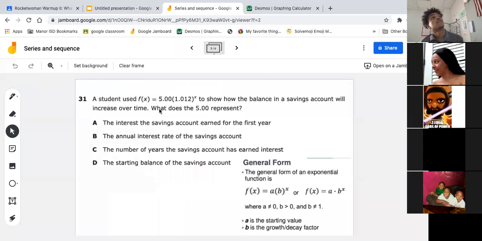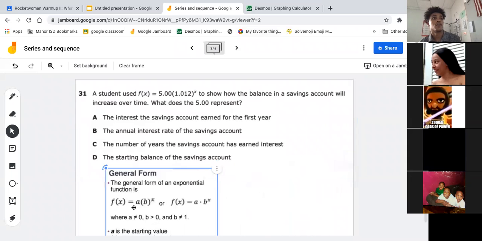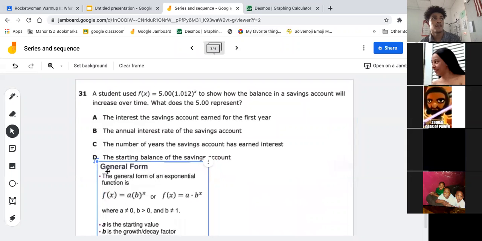All right, number 31. A student used f of x equals 5 times 1.012 to the x to show how the balance in a savings account will increase over time. What does the 5 represent? This refers to something I said a second ago. Look at this general form here. I'm going to highlight this 5.